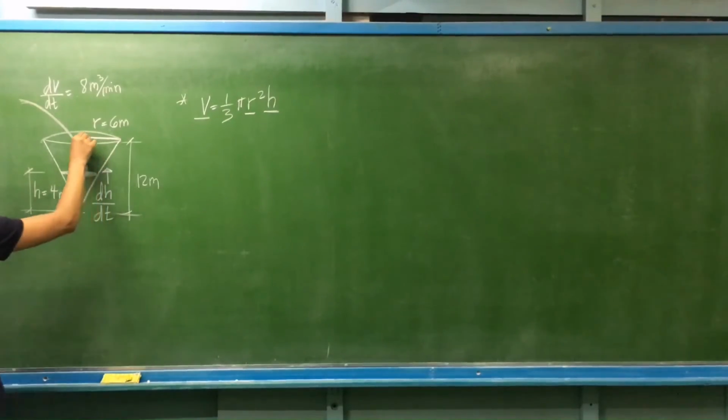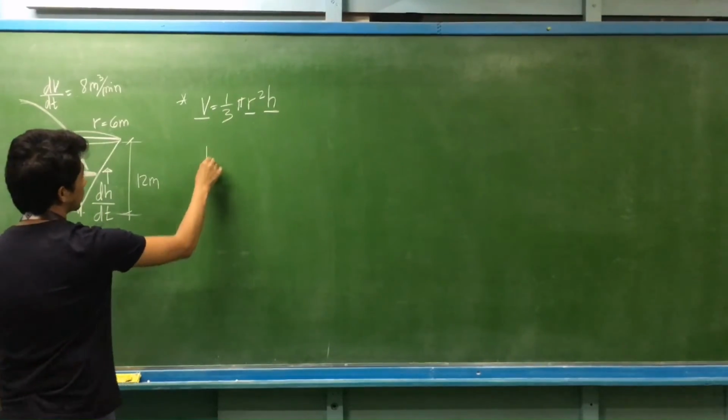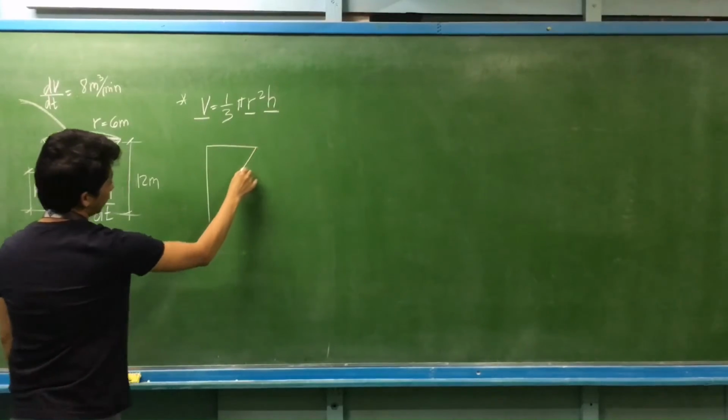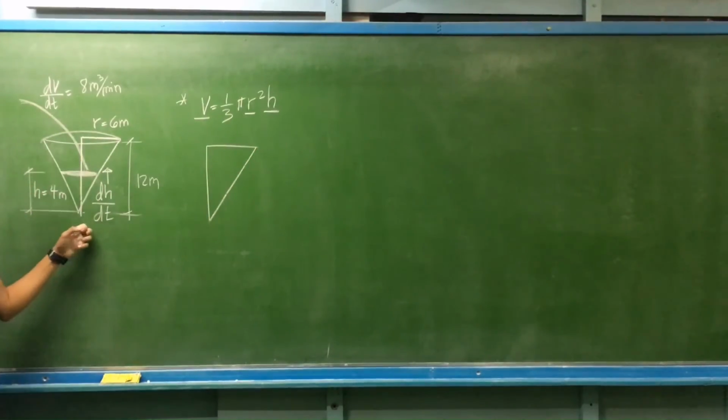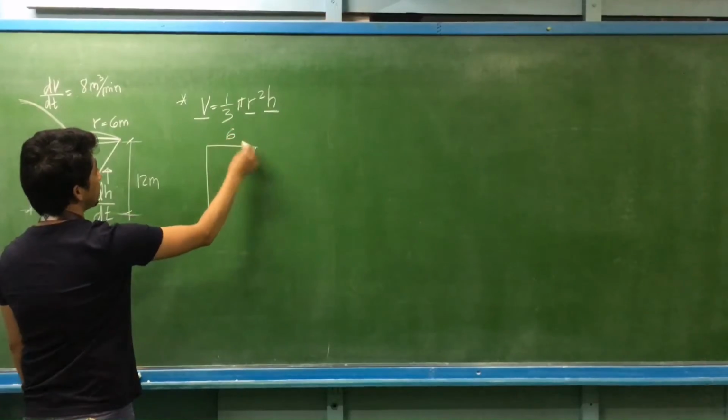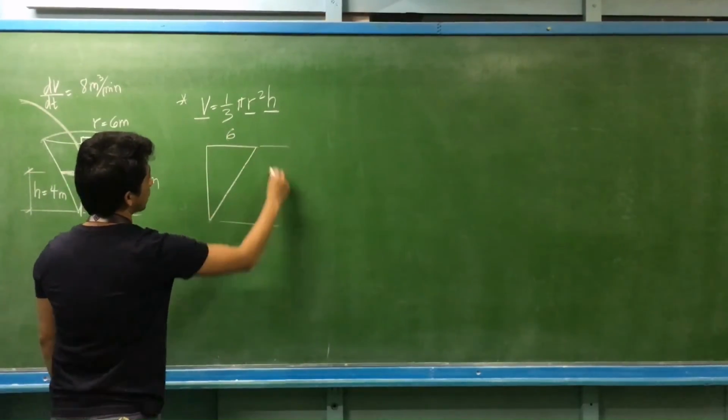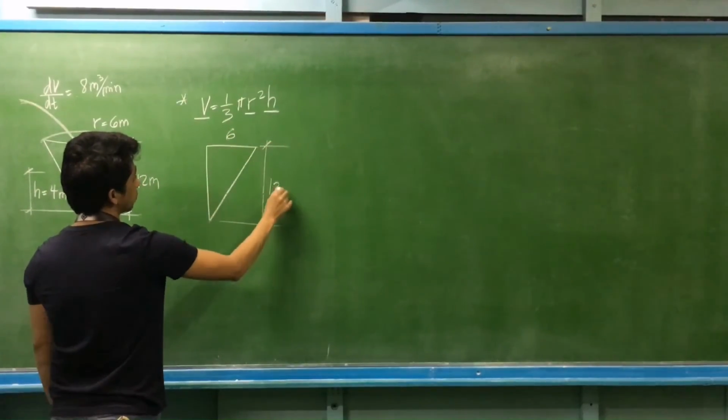So if we are to create a triangle, usually we use similar triangles here in cone. So we have the radius of 6 meters. The height of the cone is 12 meters.